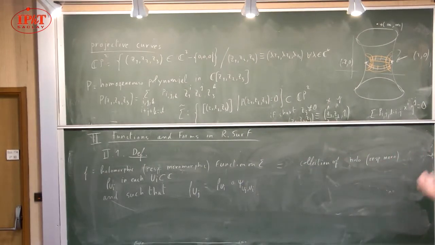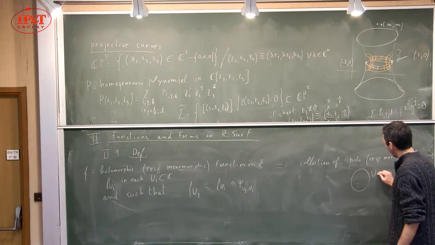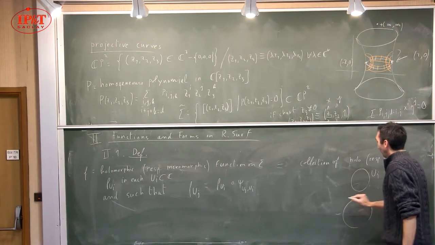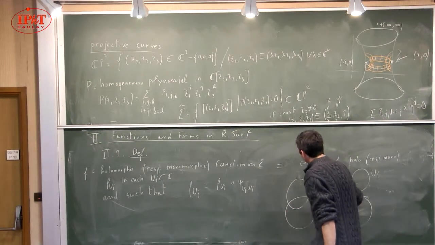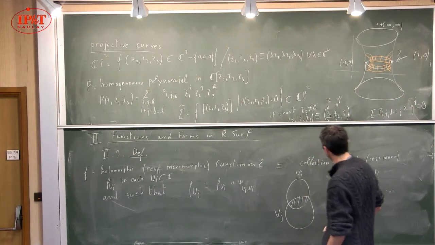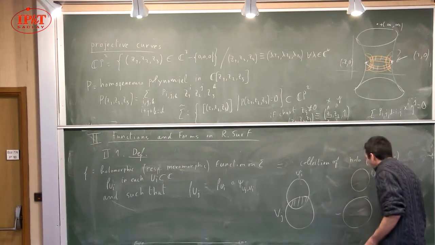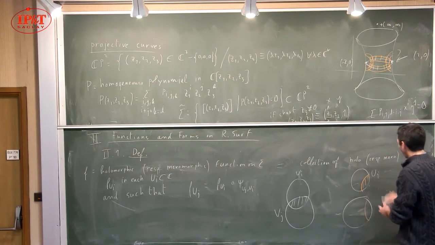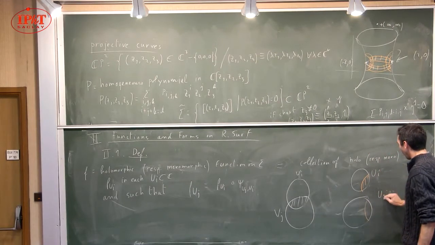So basically, remember that it comes from Vi and Vj, and if they have an intersection, so this is Ui, Uj.